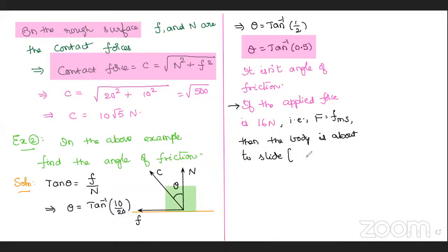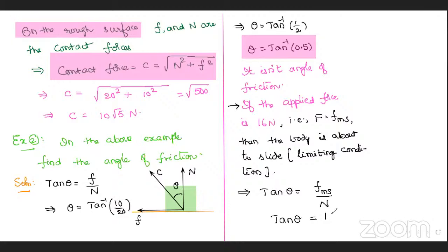Is about to slide, that is the limiting condition. That time we write tan theta is equal to, instead of F, FMS by N. That implies tan theta is equal to FMS, 16, by N.